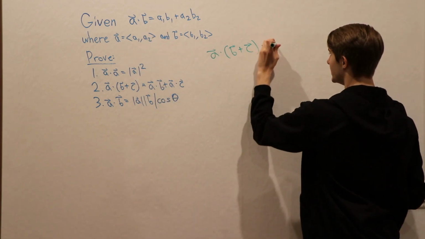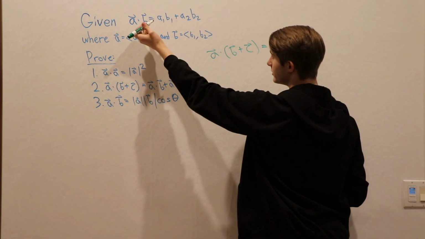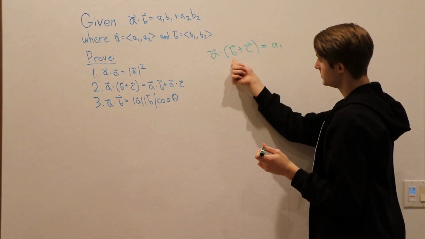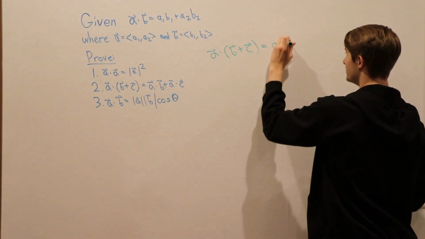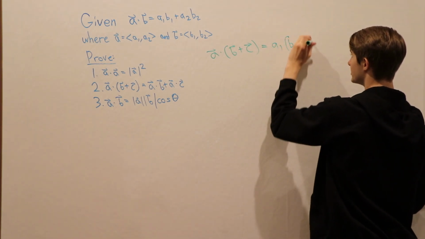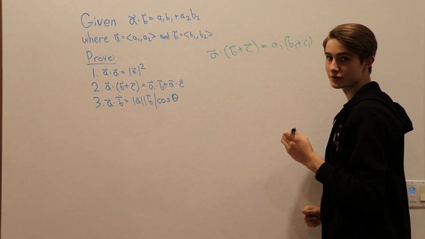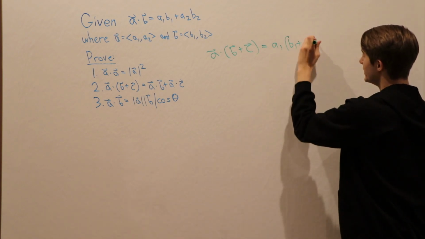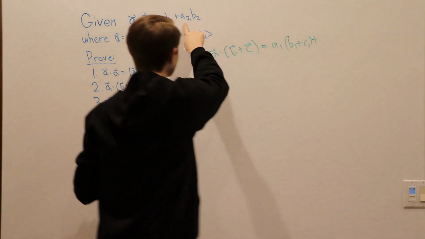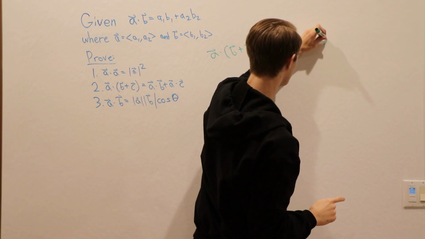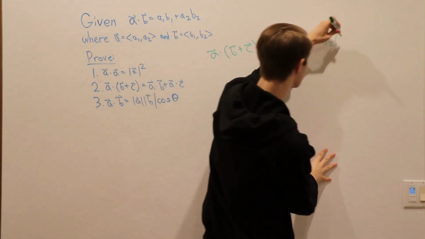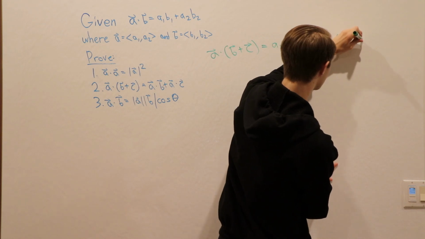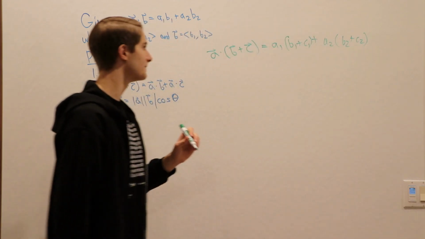We get A1, and then our B vector is B plus C. So in this case, B1 is going to be B1 plus C1 in our expression here. And then next, we have the second component. We're going to again get A2, but then for the second part, we're going to do the same thing as before where we get B2 plus C2, just like that.